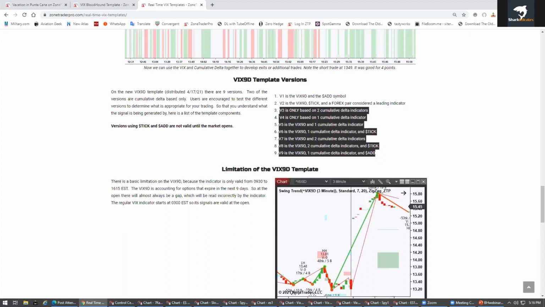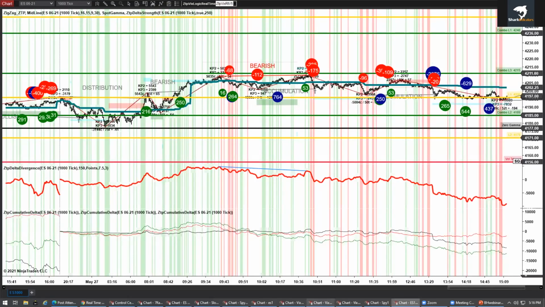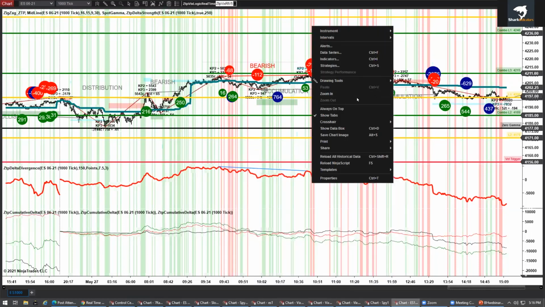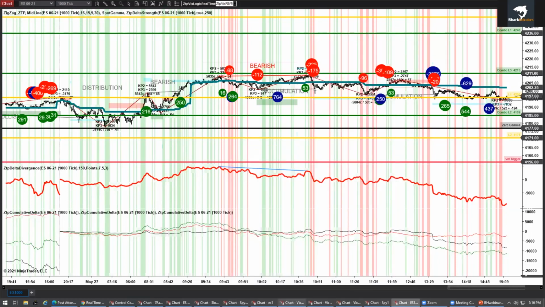Now, like I said, I also have the VIX chart up, and I'm looking at this VIX chart, and that is helping me also, but it's not the only thing that's there.